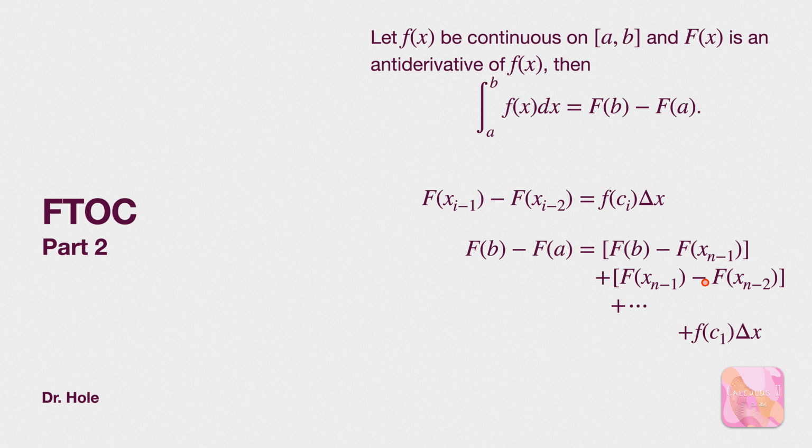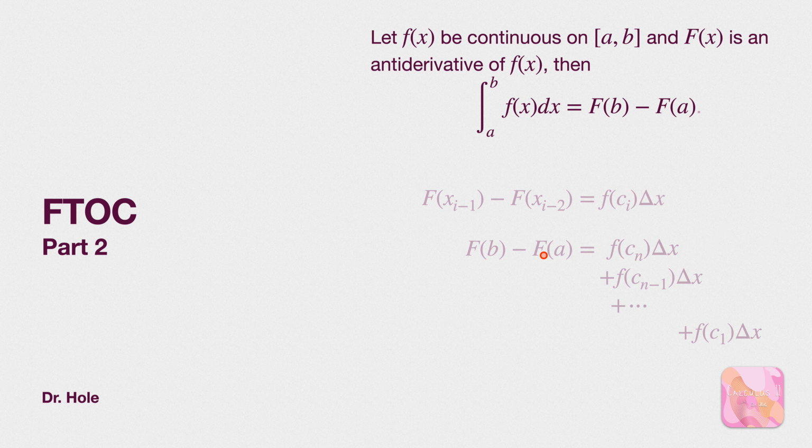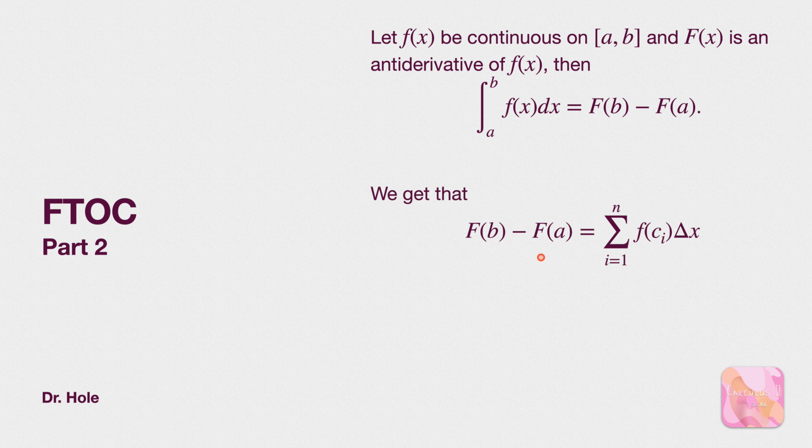Over here, we'll get f at some c(n-1) times delta x. And over here, we'll get f at some cn times delta x. So the right-hand side is then a sum of n terms. So let's use sigma notation to write down this sum of n terms set equal to F of b minus F of a. So F of b minus F of a equals a sum of n terms.